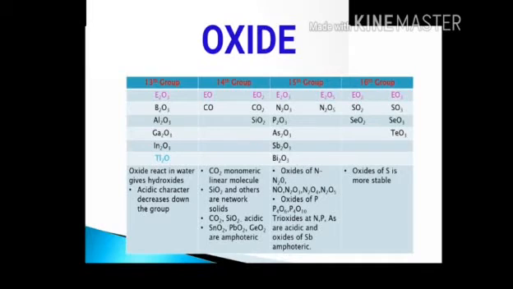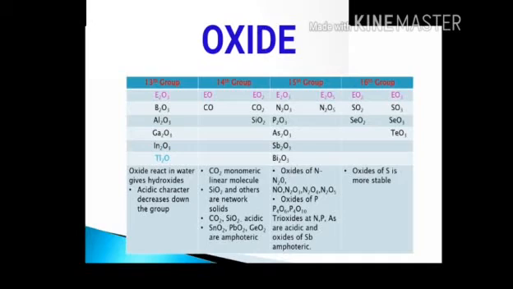Then we can move to the oxides formed by the 14th group elements. This group forms two types of oxide, with the general formulas EO, monoxide, and EO2, dioxide. In the category of EO, that is monoxide, the examples include carbon monoxide, silicon monoxide, germanium monoxide, tin monoxide and lead monoxide.